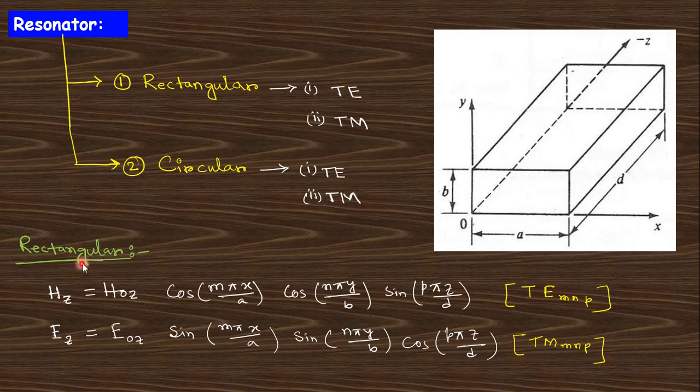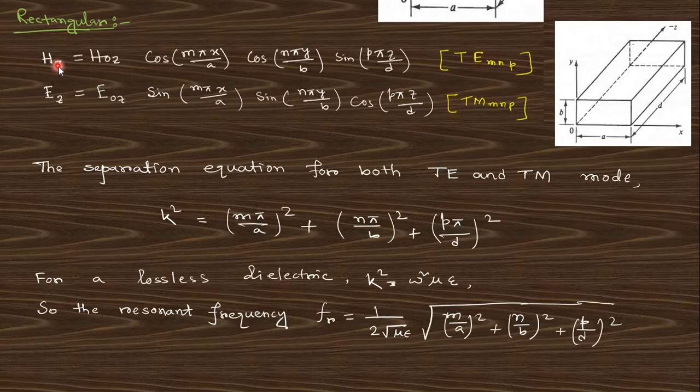From the previous classes, the magnetic field and electric field components for the rectangular waveguide are written here.